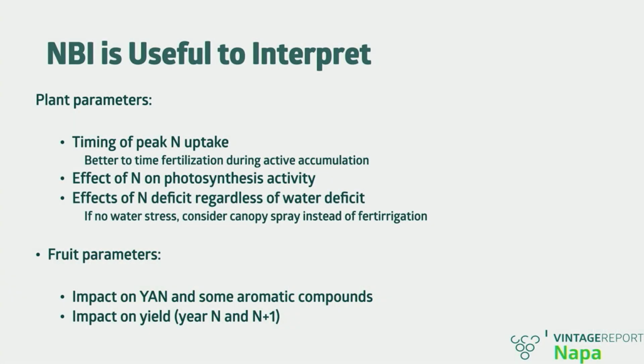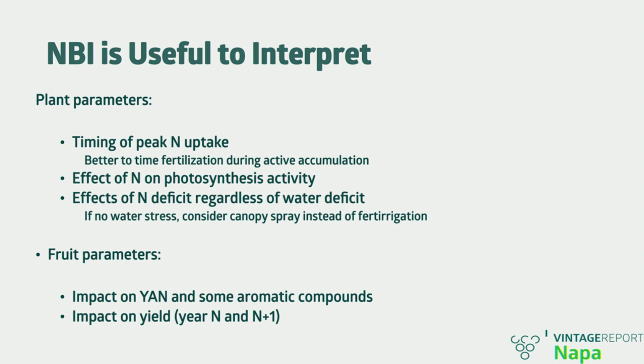And from there, we can derive a better management of the fertilization program. So, in essence, the NBI index is useful to interpret the timing of the peak nitrogen uptake, and that is in turn useful to improve the fertilization practice.